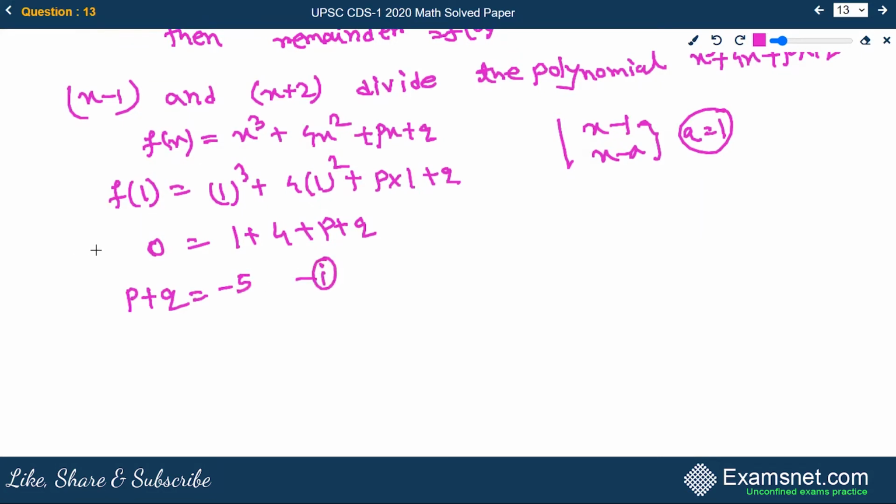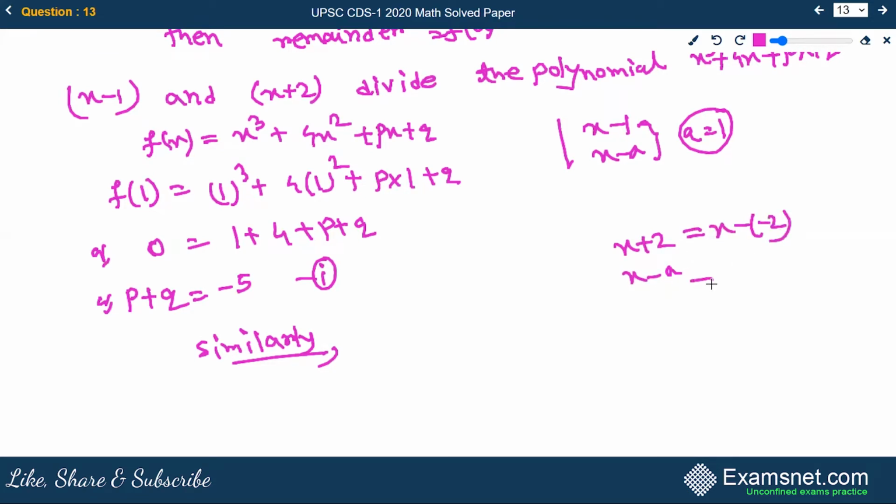Let's name it equation number 1. Next, similarly, x plus 2, if we compare it with x minus a, I can write x minus minus 2. So from here, I can write a equals to minus 2.